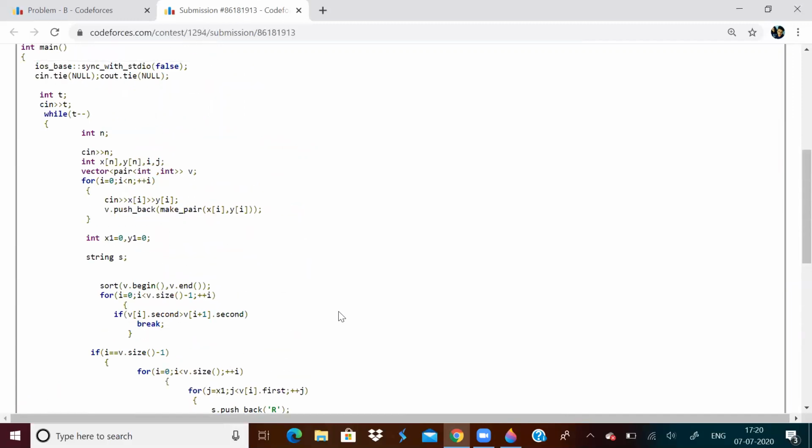So the concepts used were vector of pairs, string, sorting vector of pairs. Basically, you just have to write this statement. And you should know that when you sort a vector of pairs without any compare function, it is sorted according to the first value. And if the first values are the same, it is sorted according to the second value.